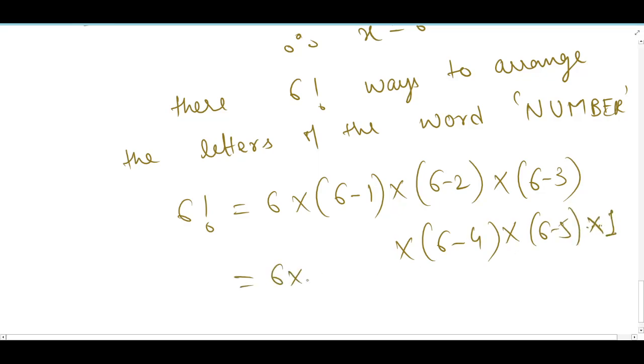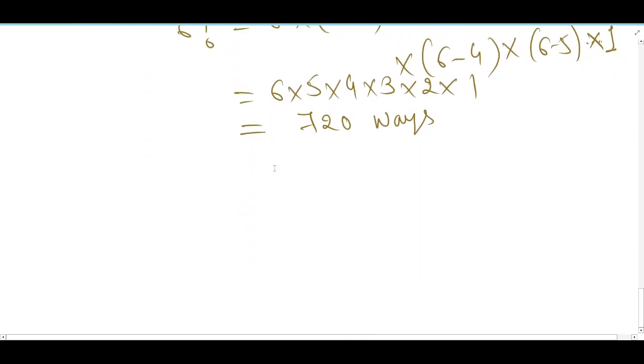So we get 6 into 5 into 4 into 3 into 2 into 1. So we get 720 ways. So there are 720 ways to arrange the letters of the word number.